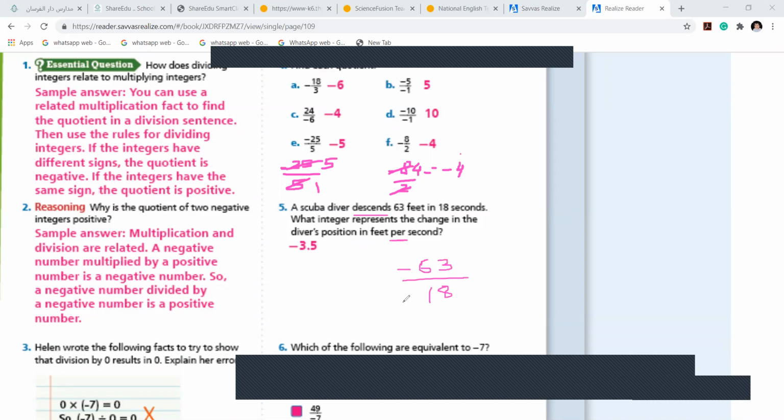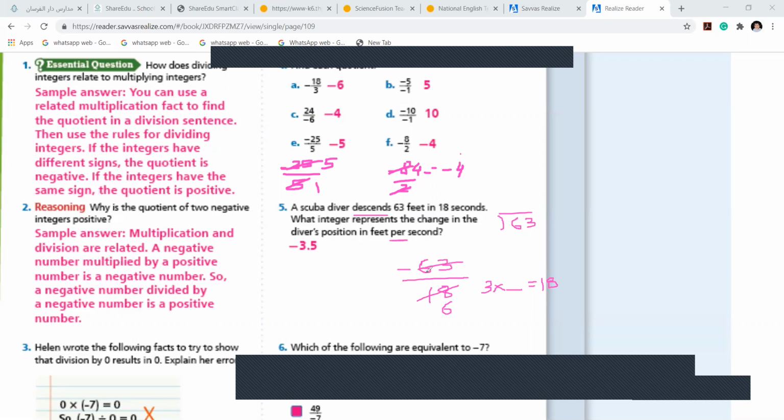You can go with the simplification method, or if you want, you can go with the division method, girls. I will go with the simplification method first, with 3. 3 times what is 18? Come on. 3 times 6 is 18. Do you have to think so much for this?